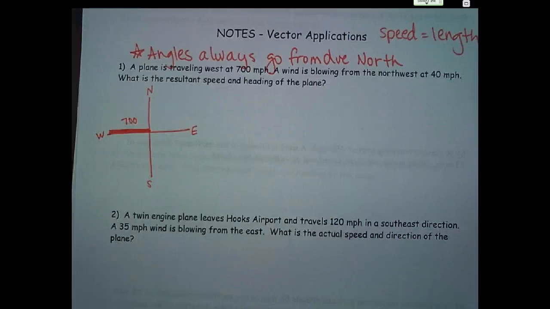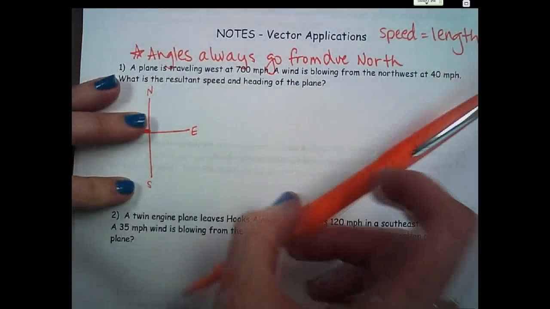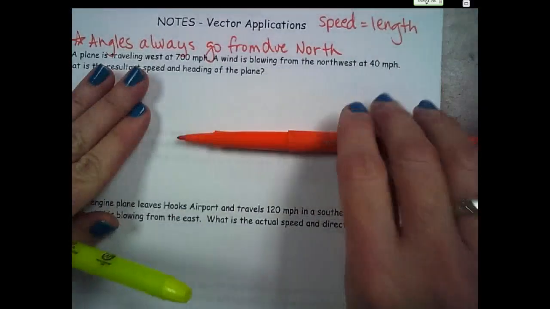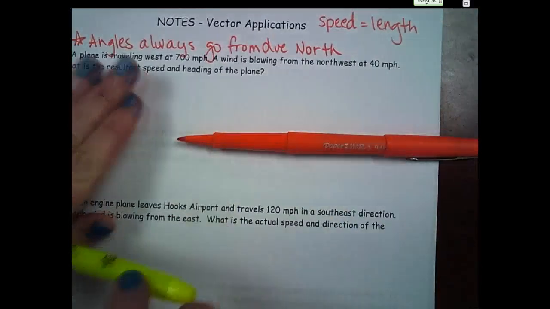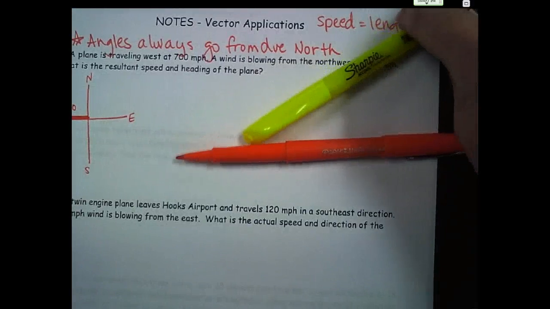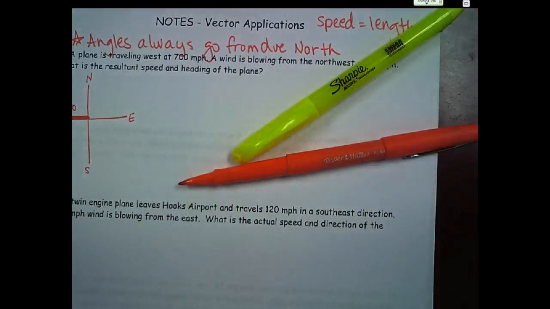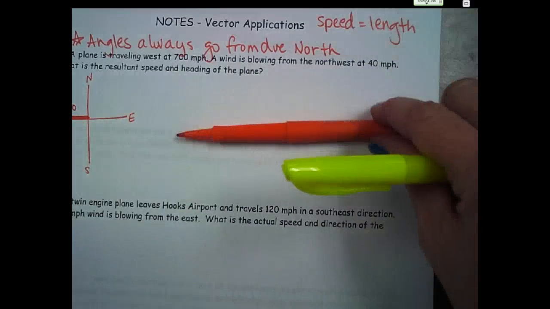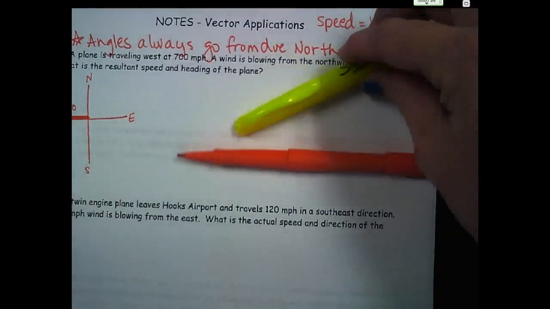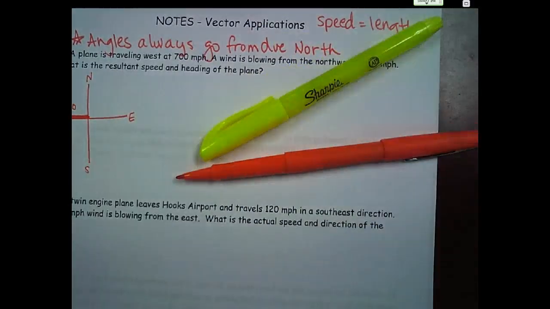I'm going to put this under here so you can see this quickly. For example, ignore my picture for a second. If this is my airplane traveling, and my wind is coming this direction, it's going to push the airplane, and the airplane's going to try to go here, right? So instead of going straight like I want, it's going to try to push me down. Depending on the amount of wind, it's going to depend on how far I'm tilted.